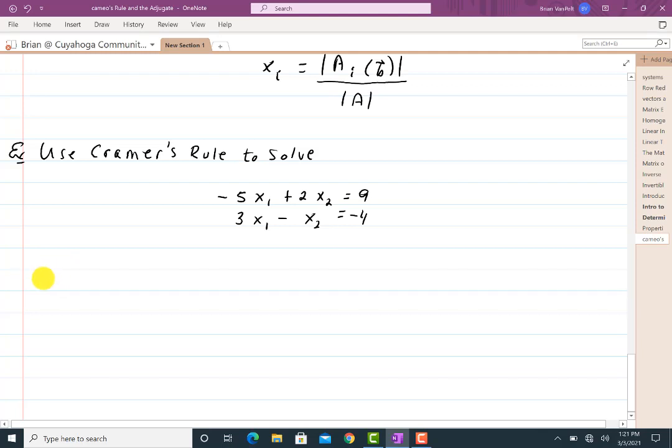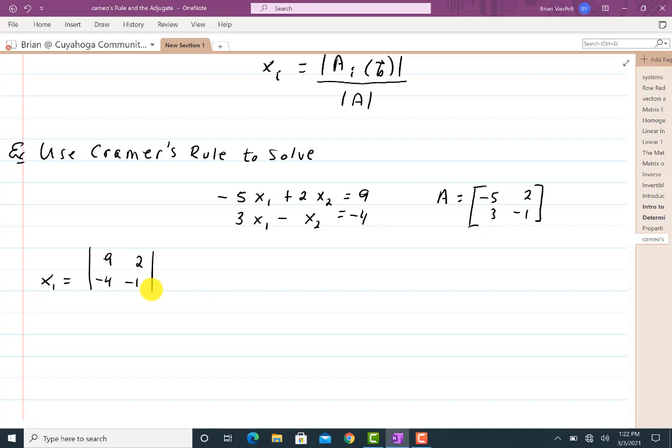So to solve this, for my x1, in the numerator I will put the answer column, which is 9, -4, but then I'll put the rest of the matrix A. Let me put A equals -5, 3, 2, -1. So what we do is we replace the column of the variable we're looking for with the answer column, and then we of course take the determinant of A itself.